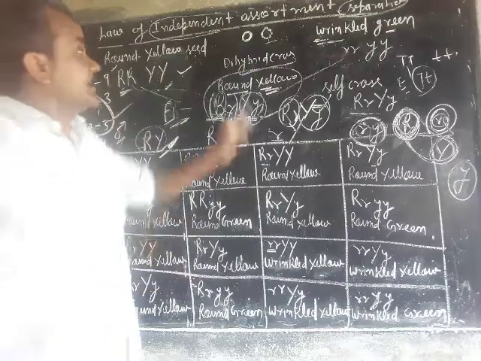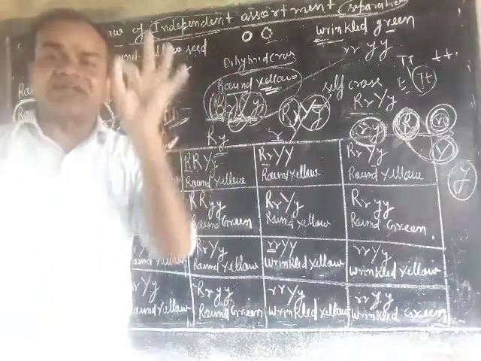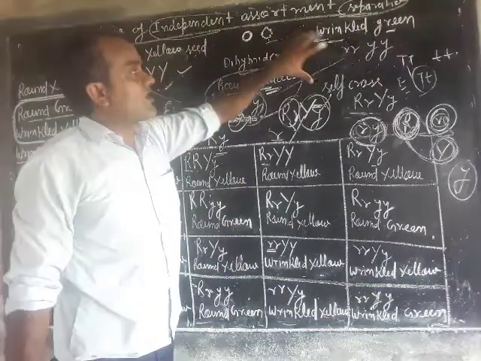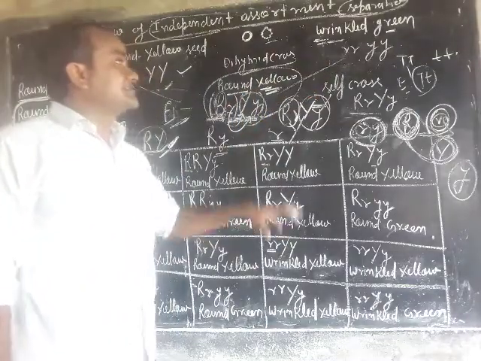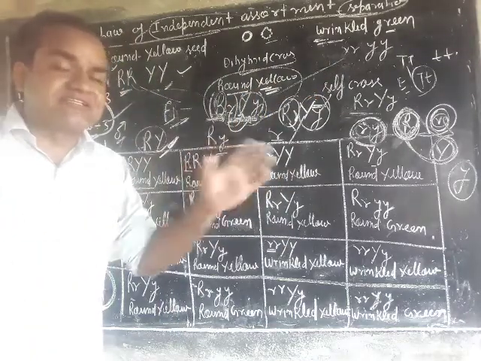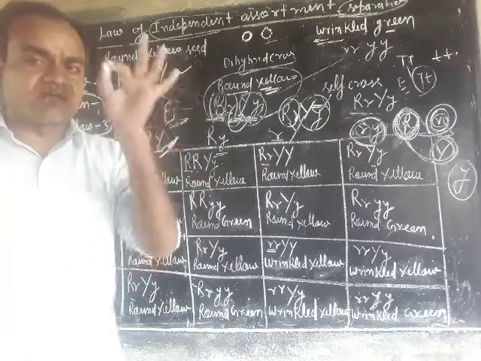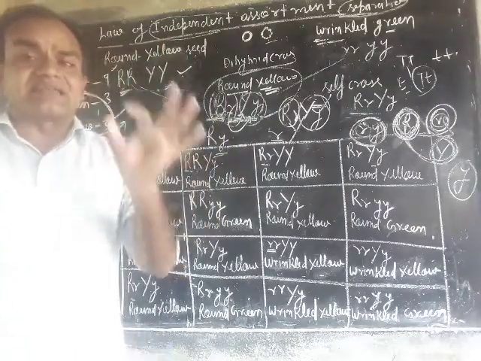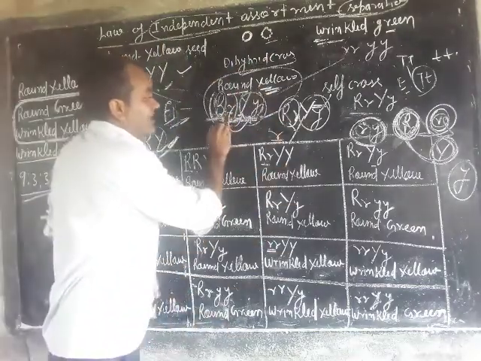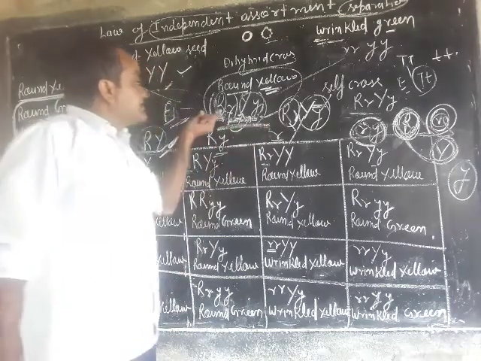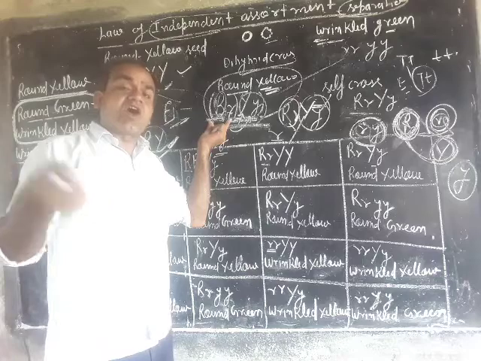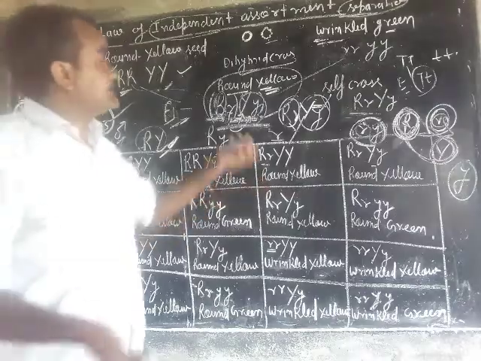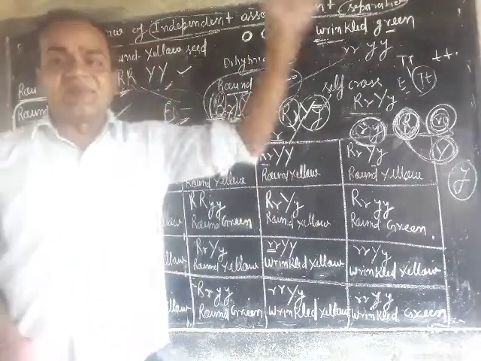Listen carefully again. This law is based on the dihybrid cross, in which two pairs of contrasting characters are crossed with each other. When there is a cross between two contrasting characters, at the time of gamete formation one pair of characters, traits or gametes separates from another pair of gametes independently.